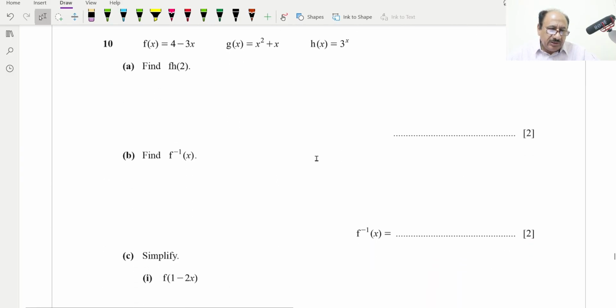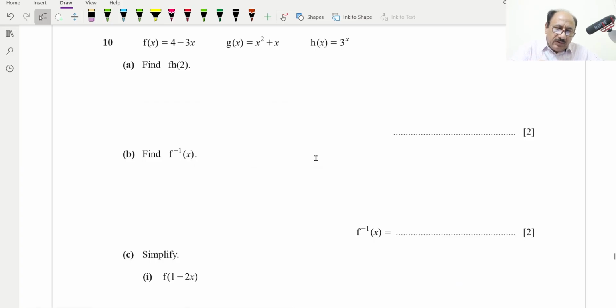Now question number 10, f of x is given and g of x and h of x are provided, and first of all we have to find f of h of 2. So first we will find h of 2. In h of x we replace x is equal to 2, so 3 raised to 2 which is equal to 9.